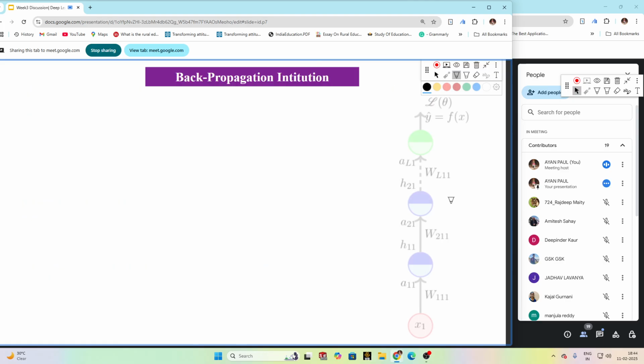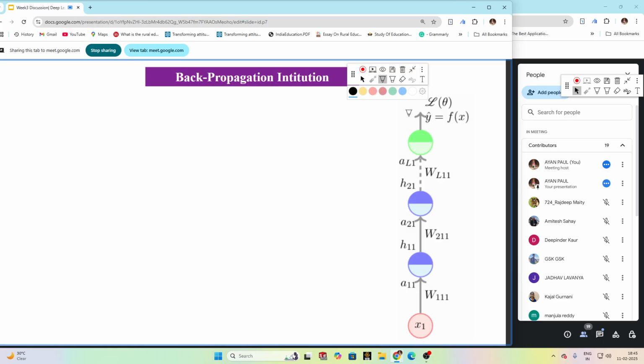Now we will be seeing a backpropagation intuition example. This is the normal feed forward network. We have one neuron in the input layer, and similarly we are only talking about one neuron in each layer for simplicity in understanding.